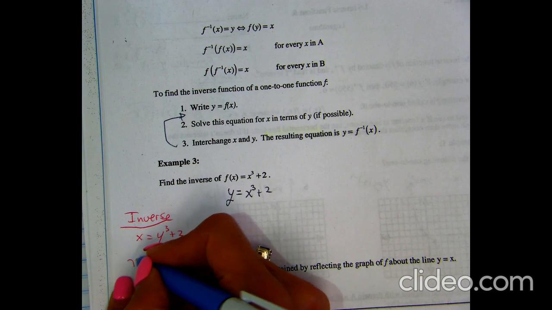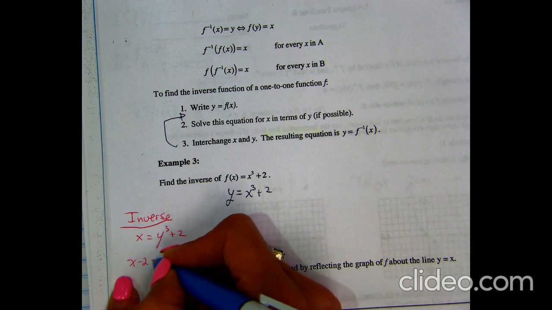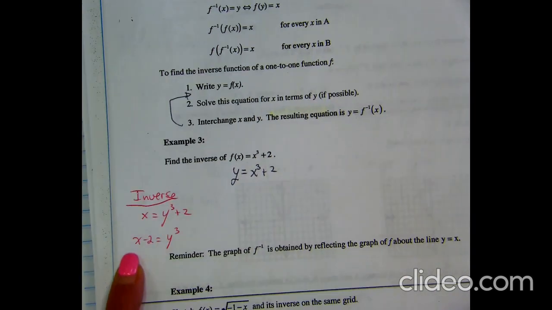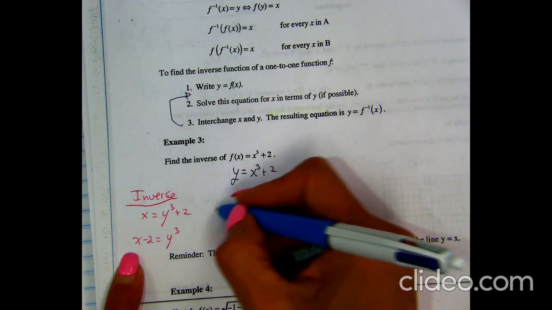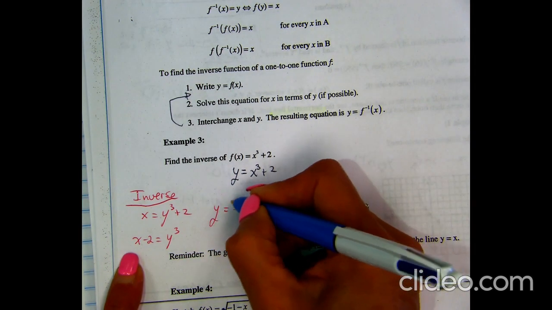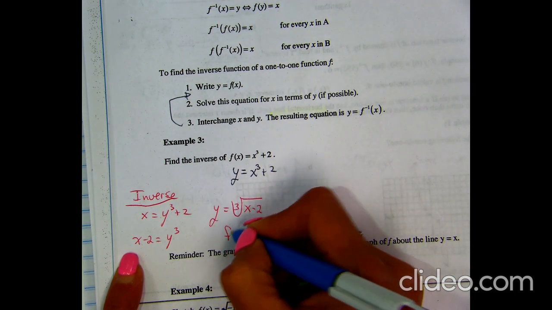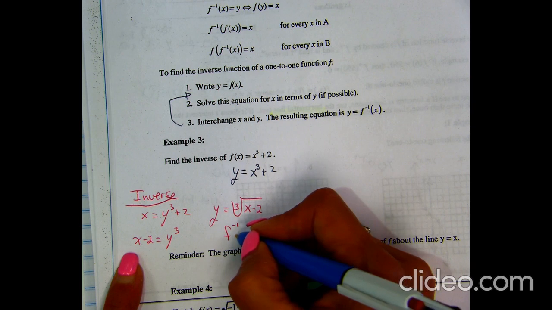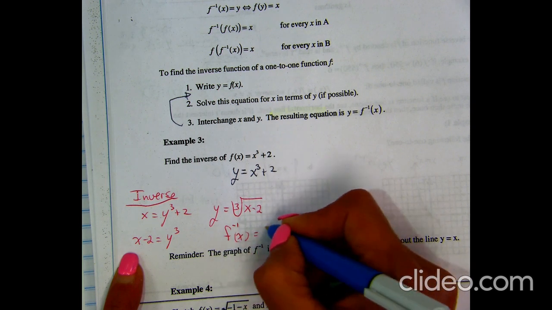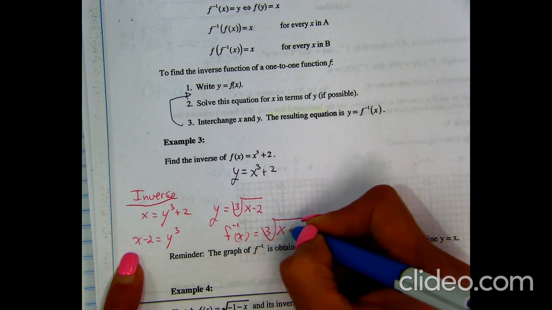Subtract 2 from both sides. Isolate the y by taking the cube root of both sides, and I get y equals the cube root of x minus 2. So what is the inverse function? F inverse x is equal to the cube root of x minus 2.